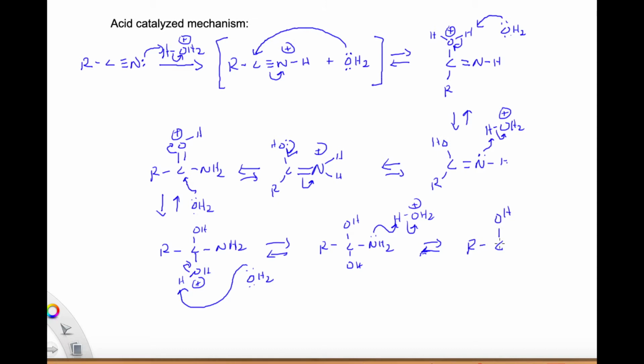I really want you to compare the base mechanism to the acid mechanism here, because I want you to see the difference in the intermediates and the charges and what has to happen for the nucleophile to attack. Now, these electrons kick down and we kick out our amine.